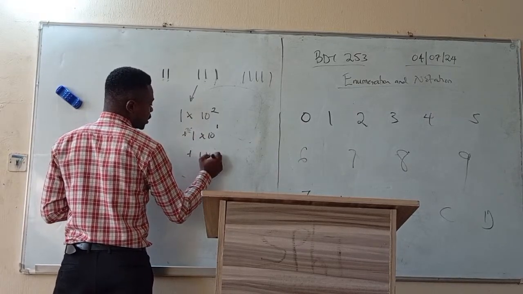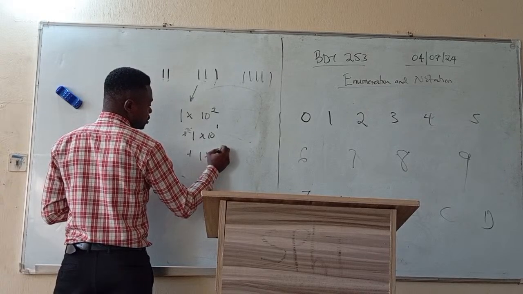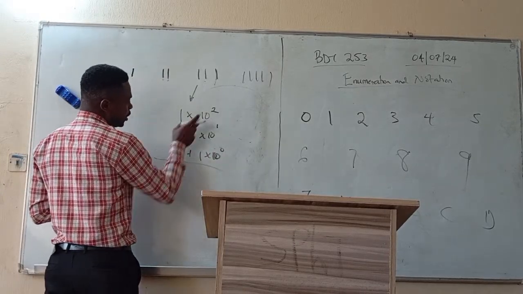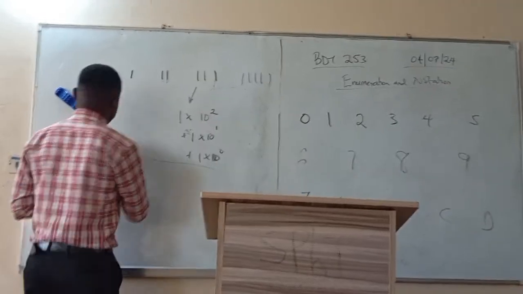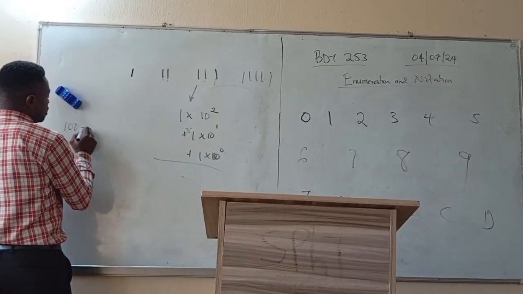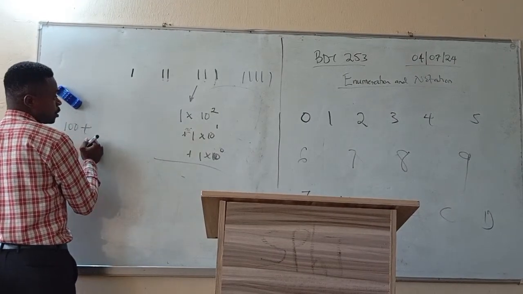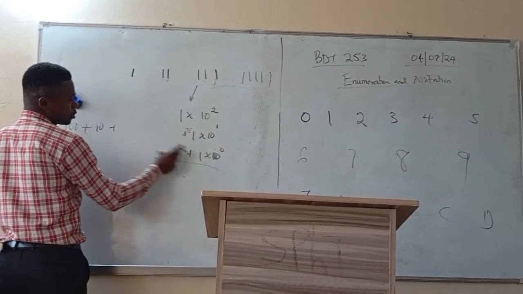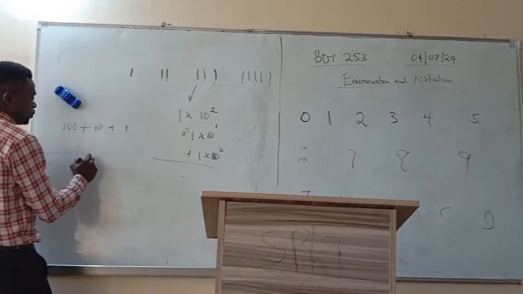Plus 1 times 10 raised to the power 0, right? If you bring it down now, this one will give you 100 plus 10 plus 1. Add it up.